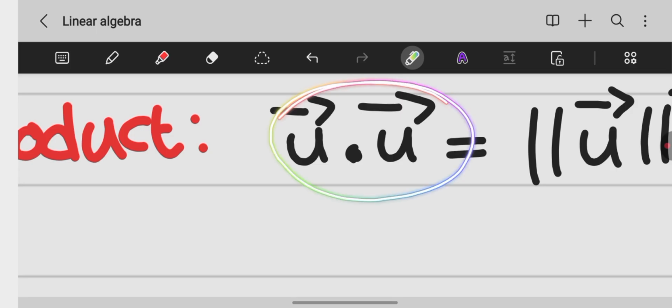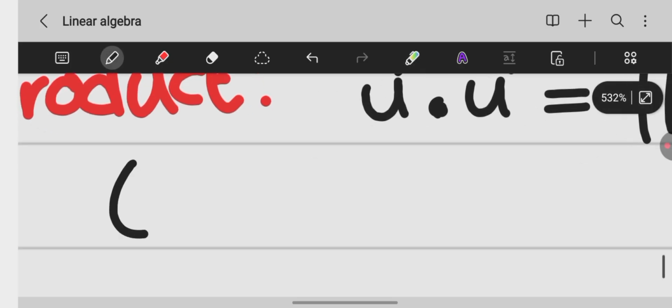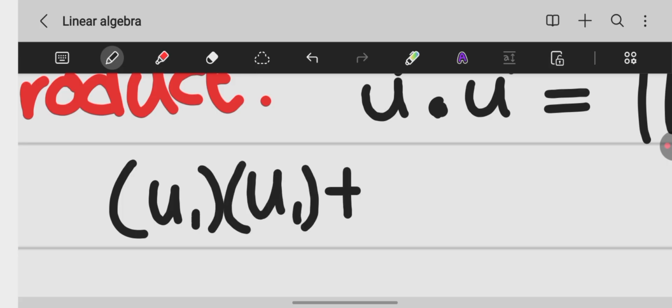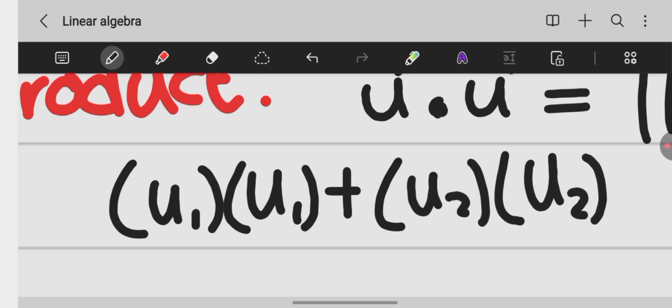So we know that this is going to give us a scalar because u dotted with u is a scalar. However, I just want us to also dot the two and see, right? So you would have u1 multiplied by u1 plus, let's just do vectors in two-dimensional planes, u2 and u2, right?